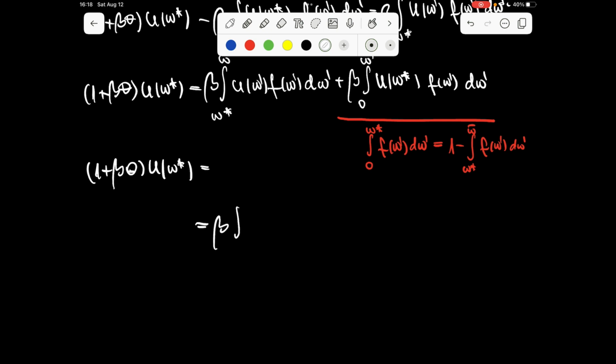And by using this fact, we can put the integrals on the same intervals.